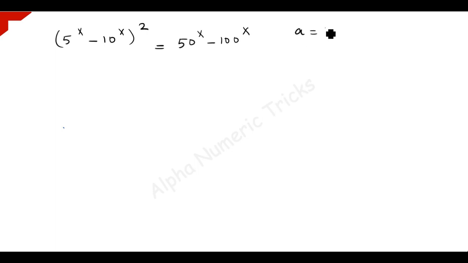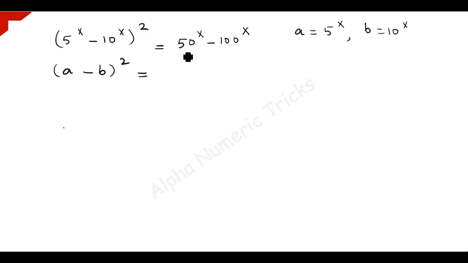Our substitution is a equals 5^x and b equals 10^x, so we are going to use this. So (a − b) the whole squared, where a is 5^x and b is 10^x.